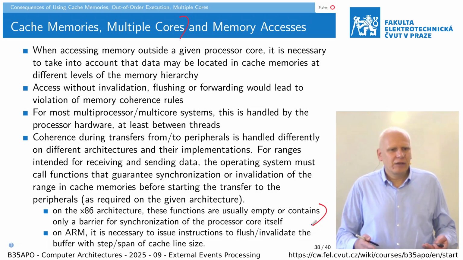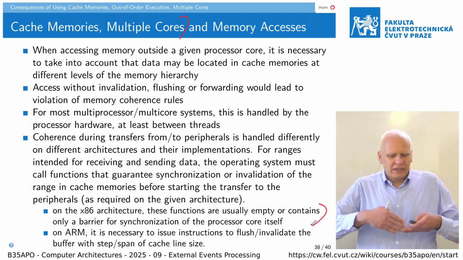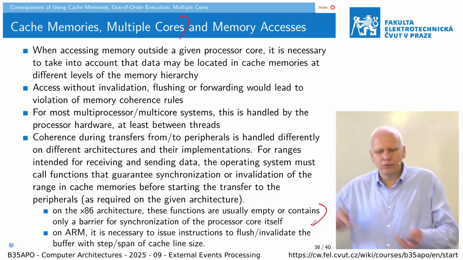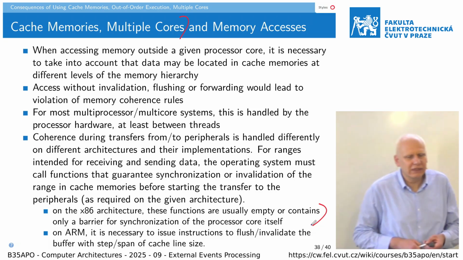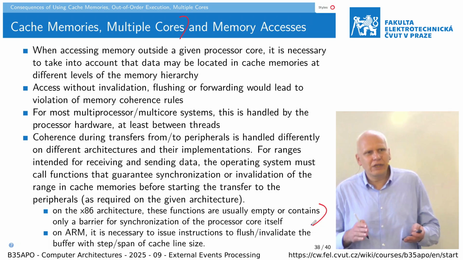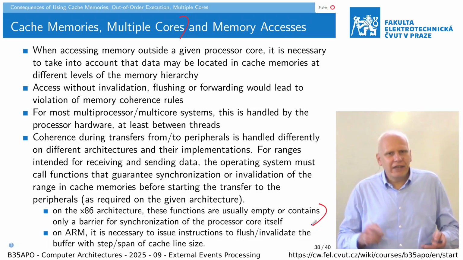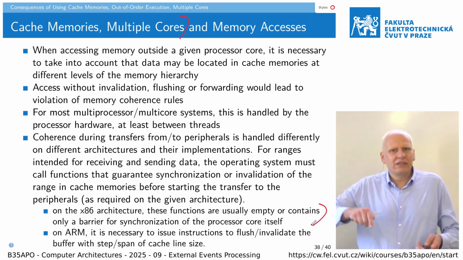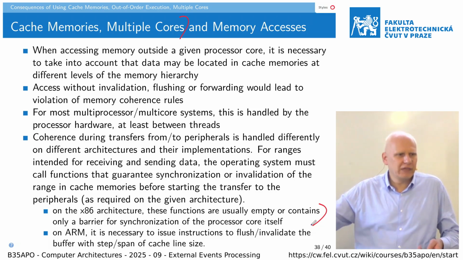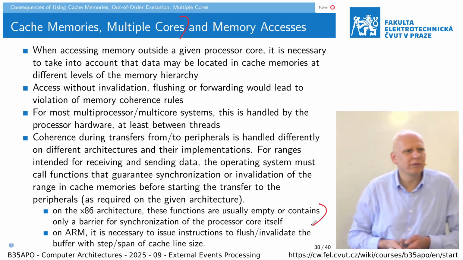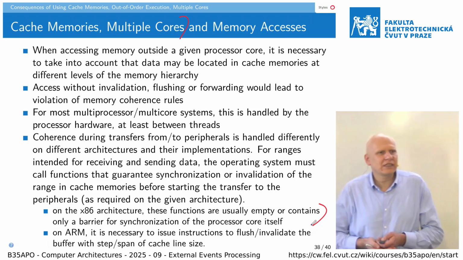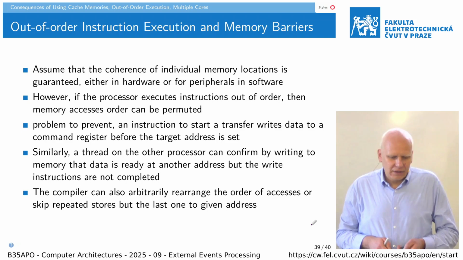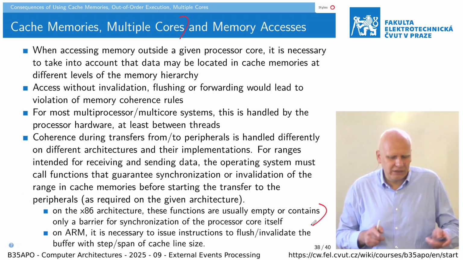And if you write something to the memory which should be sent, for example, to the network, then when you start the operation to send the packet by the network controller, which starts to access the data in the memory, you need to be sure that it sees the correct data. And this is one problem with the caches.